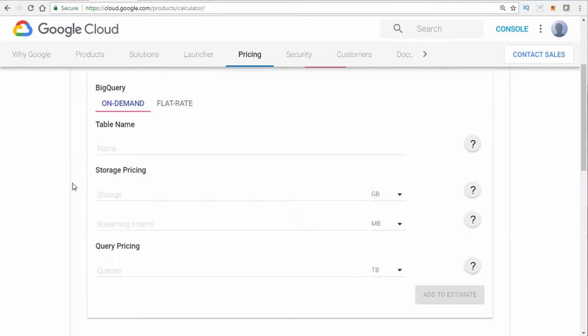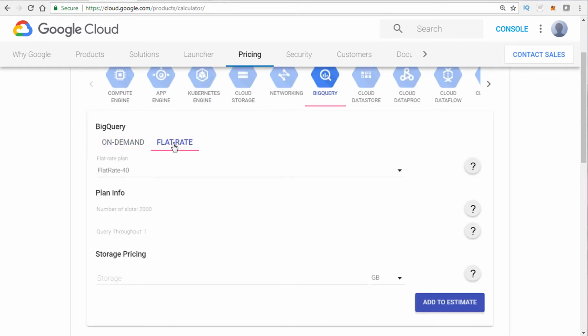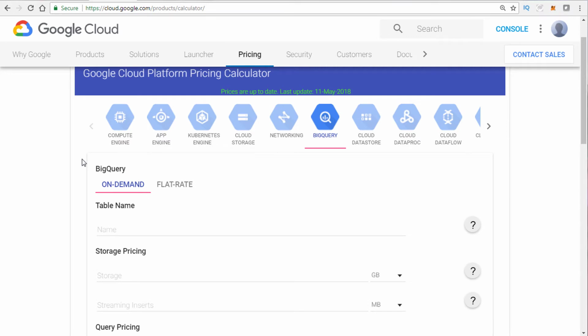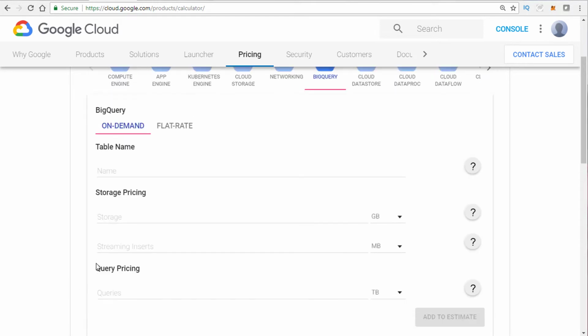Now, with BigQuery, for example, it's priced on demand or a flat rate. Now, there's different rate plans, and you need to be aware of what the additional charges could be, like with storage. So when you're setting up BigQuery, know that it is basically priced on demand or flat rate. However, there's still additional costs that you will pay around storage and queries, for example.